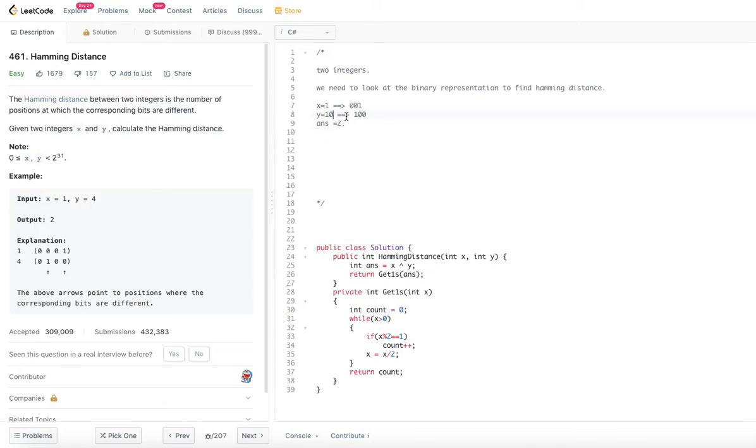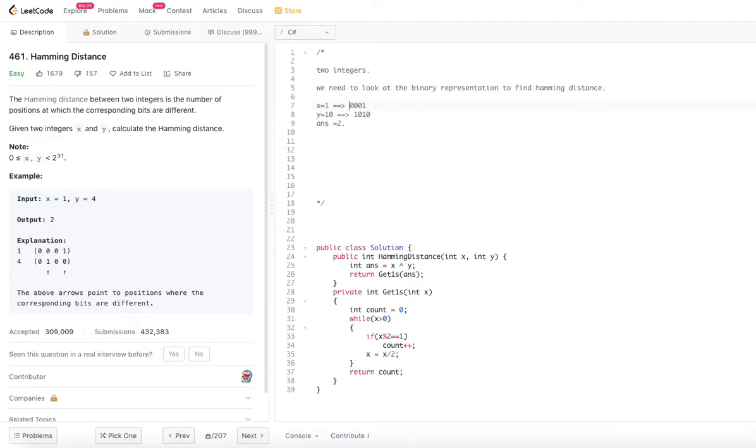The length of x is just 1, and for y the binary representation is 1 0 1 0, so the length is 4. The first step is we convert the numbers into binary, and then prepend the zeros. How many zeros do we need to prepend? 3 zeros to make them equal length.